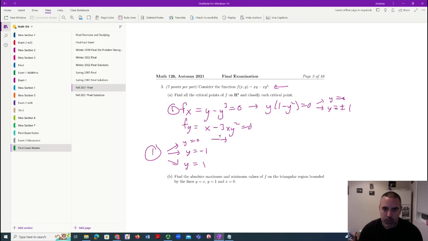For each one, plug that into equation 2 and see what can happen. If you plug in 0, this gives you x is 0, so that gives you 1 critical point. If you plug in negative 1, you get x minus 3x equals 0, so x has to be 0. So negative 1, 0. And when you plug in 1, you also get x is 0. So you get 1, 0.